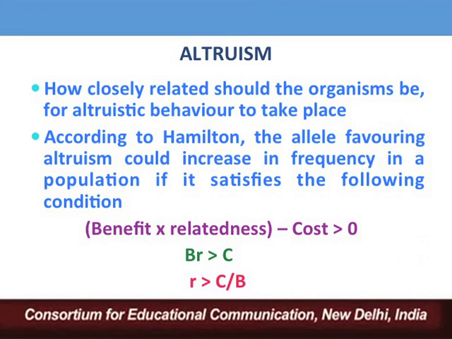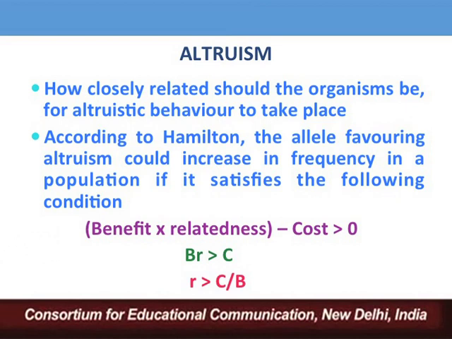How closely related should organisms be for altruistic behavior to take place? That means, when should an organism ensure that its relatives are able to reproduce by foregoing its own chances? According to Hamilton, the allele favoring altruism could increase in frequency in a population if it satisfies the following condition: if the benefit of the action multiplied by the relatedness of the individuals is more than the cost incurred by the actor, then this behavior should be favored.